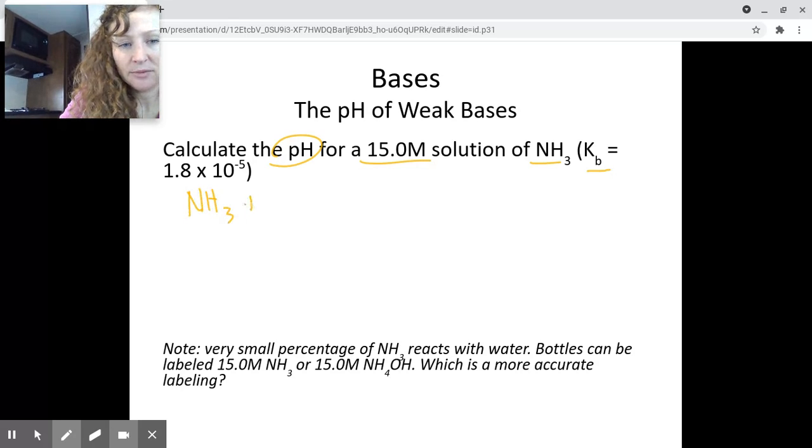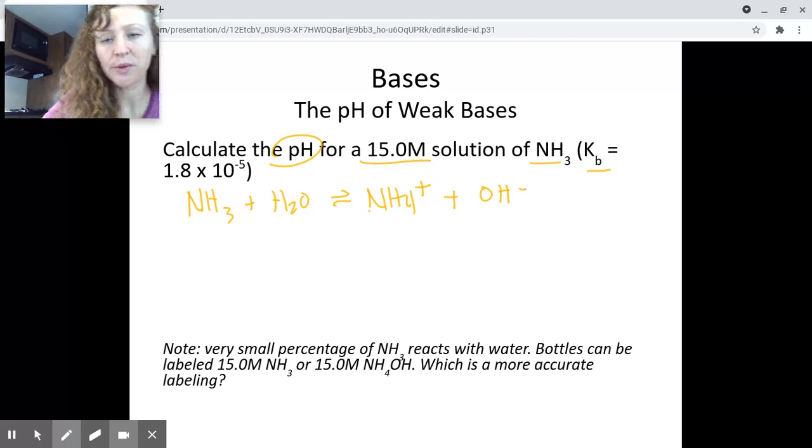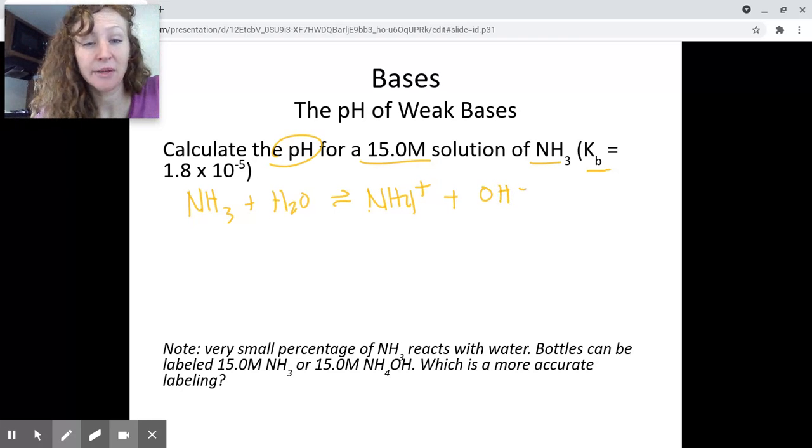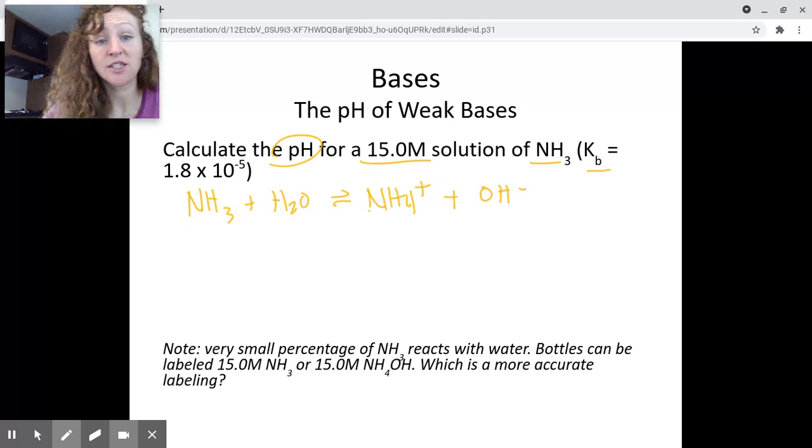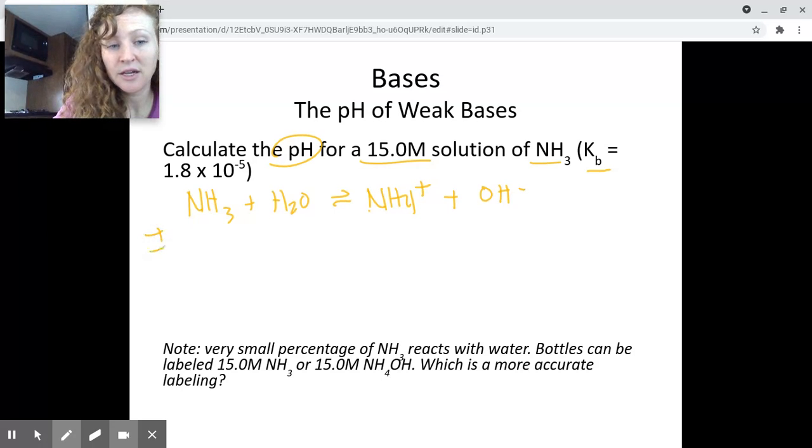I am going to start by writing out my reaction. They gave me the Kb, so I want to write ammonia as if it's acting like a base. It's going to be a hydrogen acceptor, resulting in a hydroxide in solution. They give me an initial molarity for ammonia.